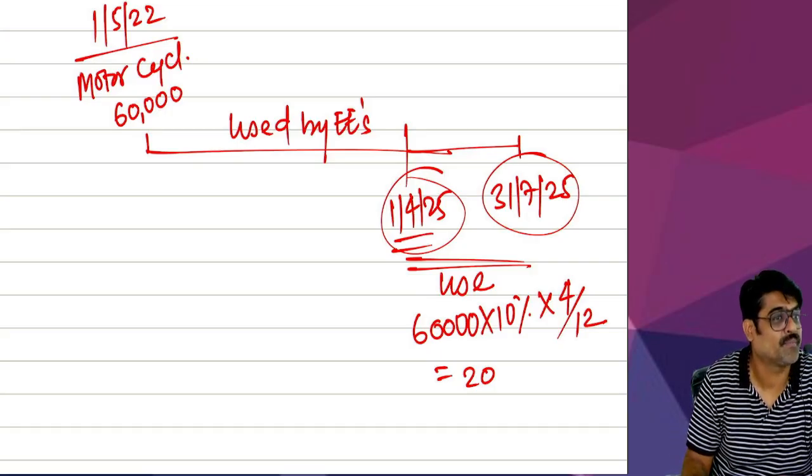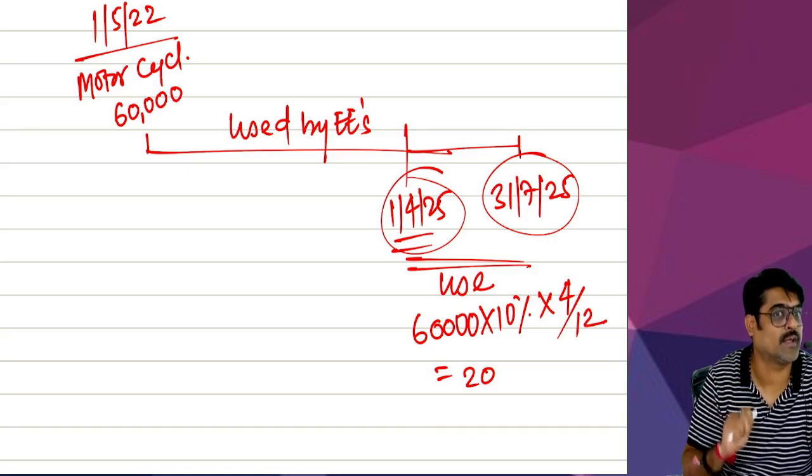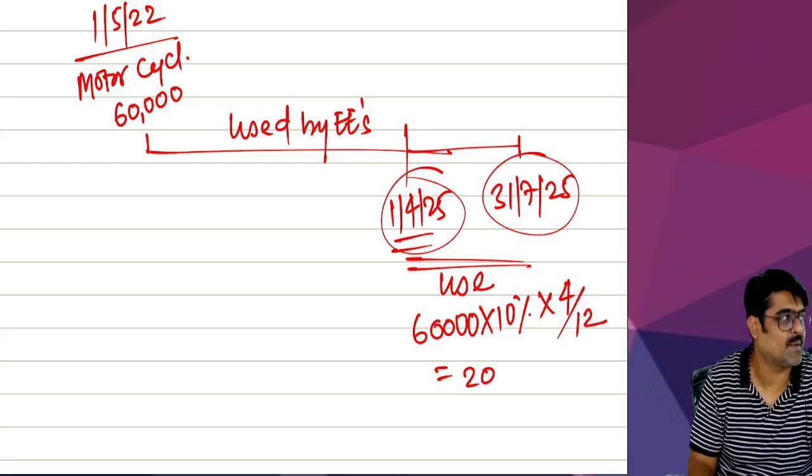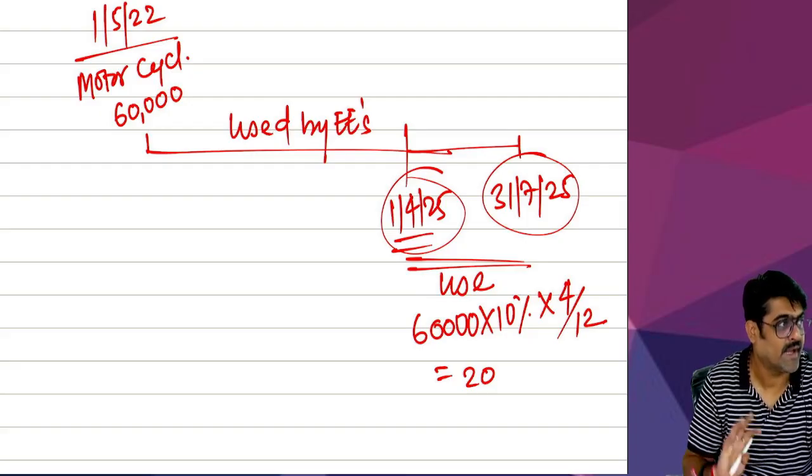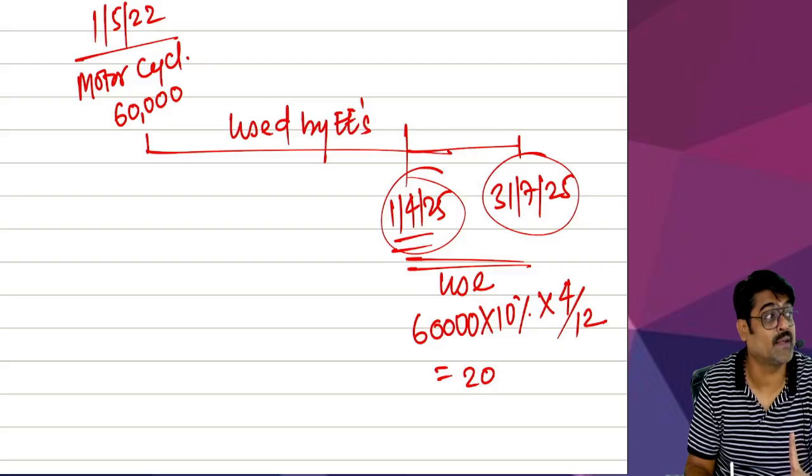At what rate? 10% or 20%? 20% if it was a motor car. Computer, laptop, electronic gadget, then 50%. Both on WDV basis. Any other asset, 10% on SLM. For every completed year of use.